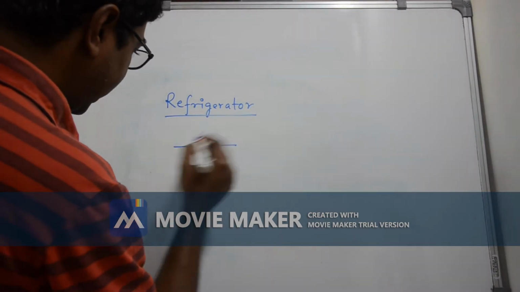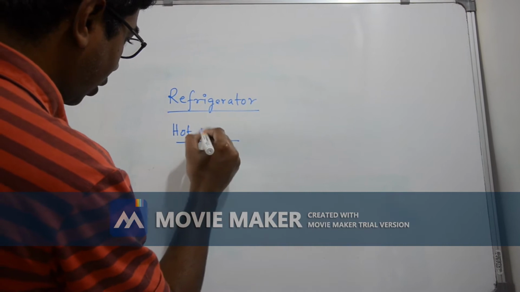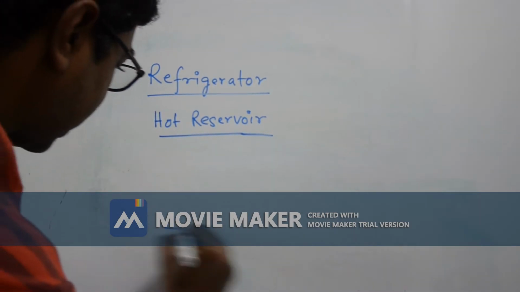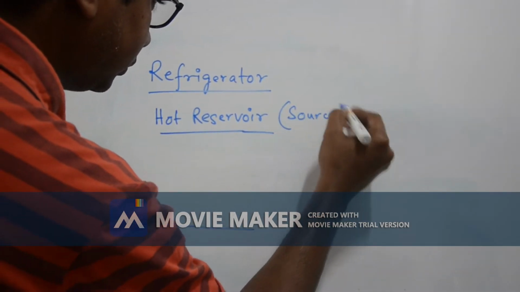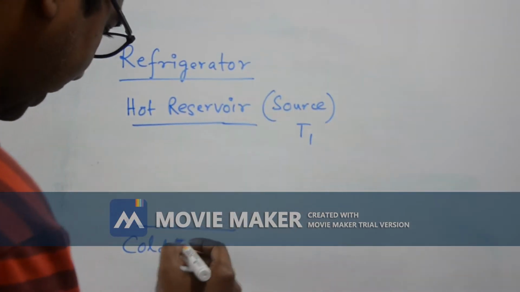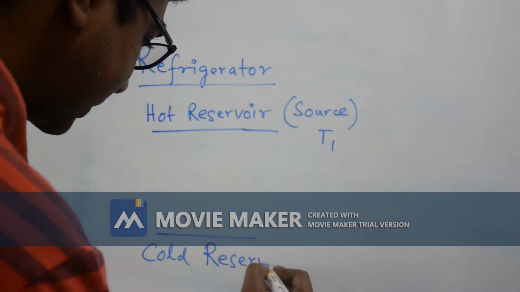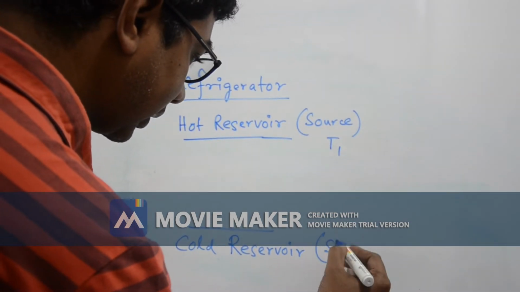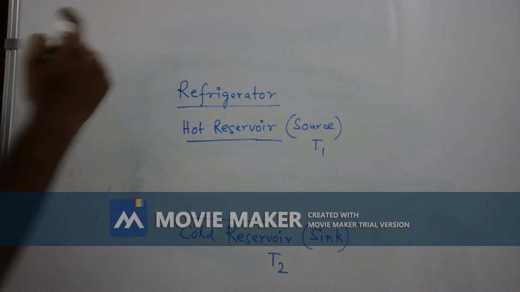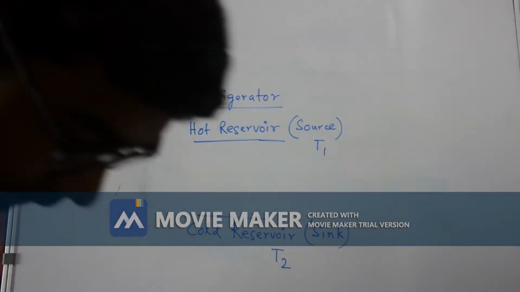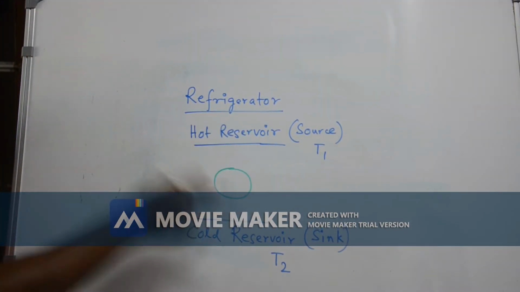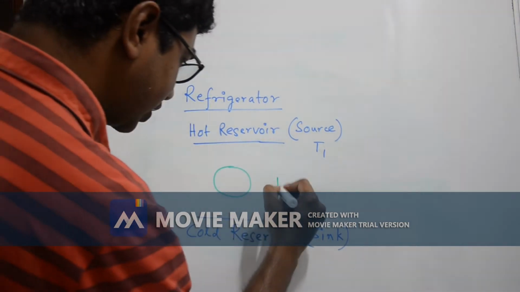Again, I'll draw the hot reservoir, or the source, and the cold reservoir. The hot reservoir is sitting at a temperature T1, and the cold reservoir, also known as the sink, is sitting at temperature T2. So T1 will always be higher than T2. Now the refrigerator is this system, again working between the hot reservoir and the cold reservoir.